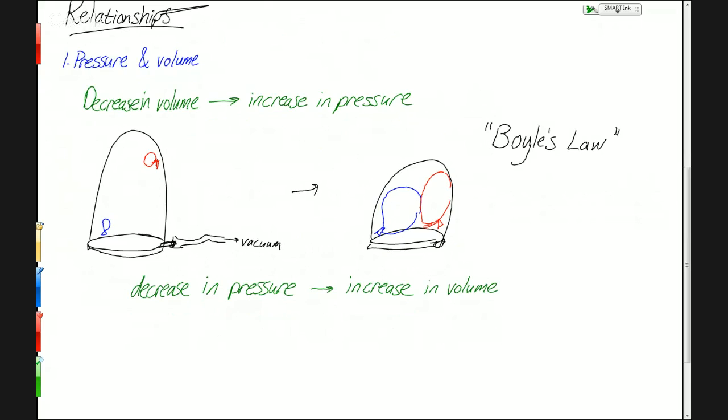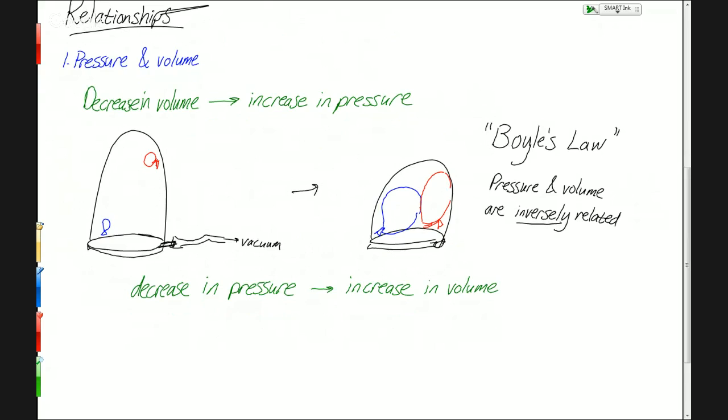Another way we might word that is to say pressure and volume are inversely related.